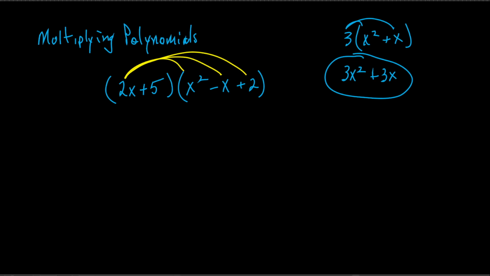And then you're going to take the second term and multiply it by everything in the parentheses. And then you're back to adding polynomials again. Everybody see what I just did? I took everything in the first parentheses and multiplied it by everything in the second parentheses. That's what multiplication of polynomials basically is. It's the big old distributive property.